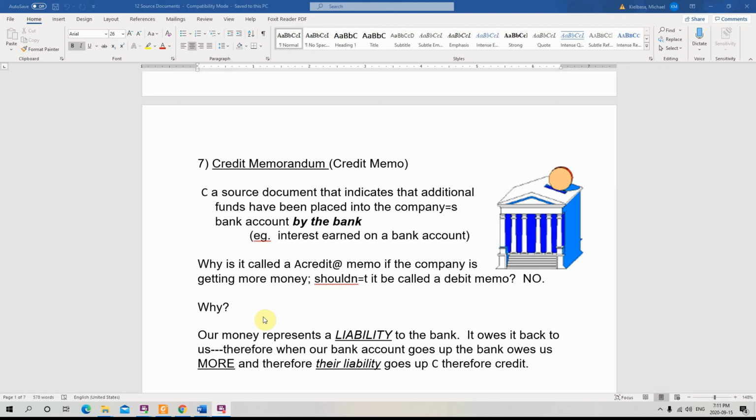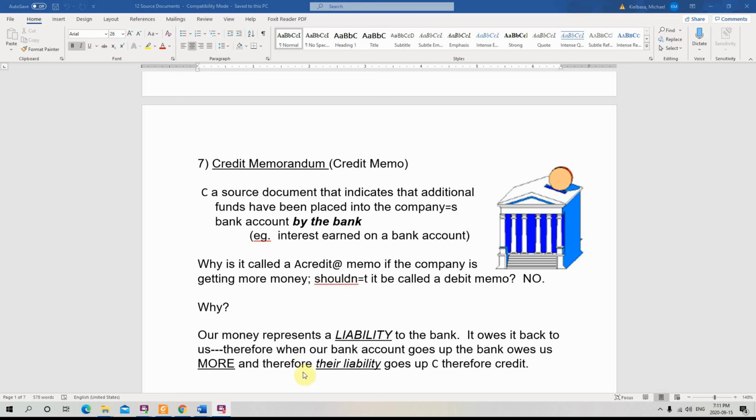So whenever you put money into your account, they credit your account, because their liability, they owe it back to you. So their liability is increased. And whenever you take money out of your account, they're going to debit your account. So it works opposite of what we do in class, right?